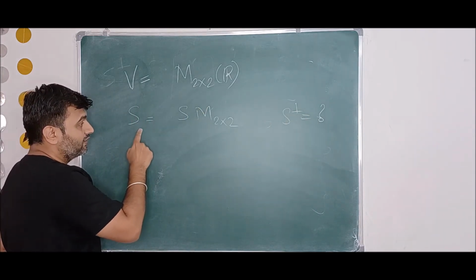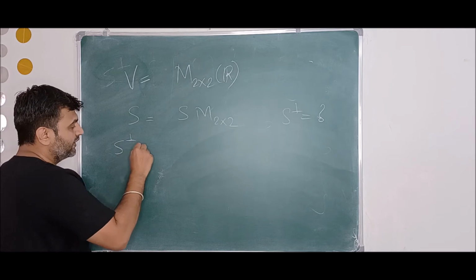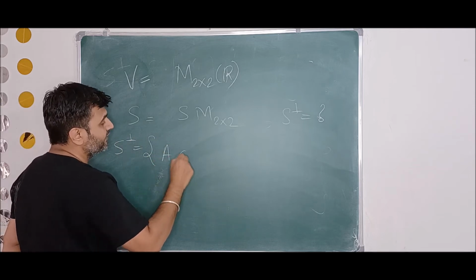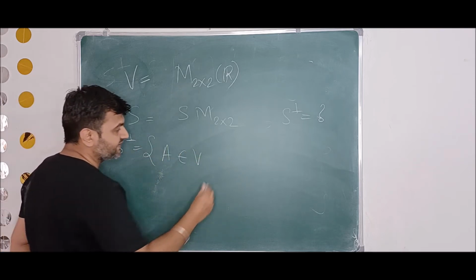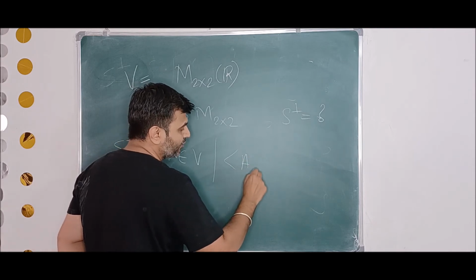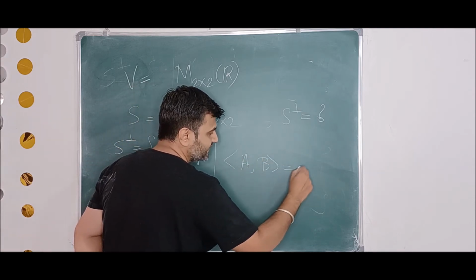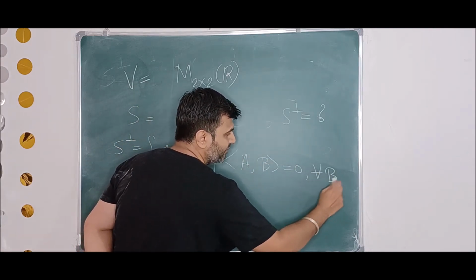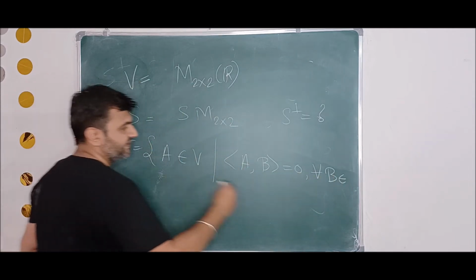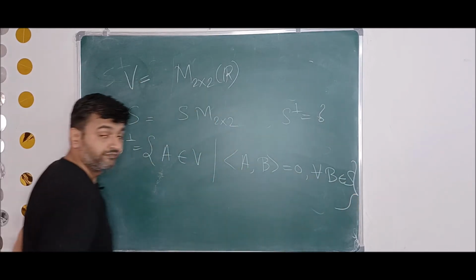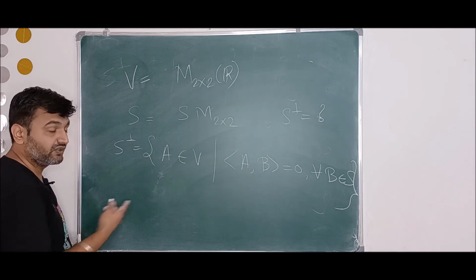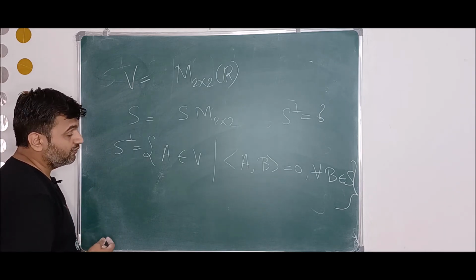S perp is the set of all A in my V, which is 2 cross 2 matrices, such that the inner product of A comma B is 0 for all B belonging to my set S. This is what the definition is.